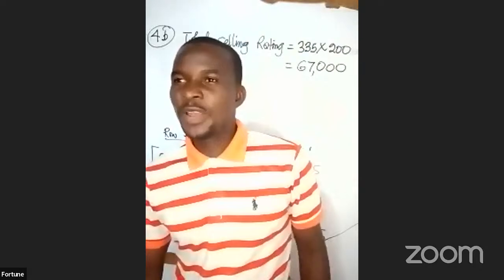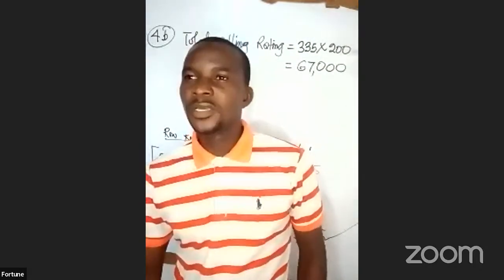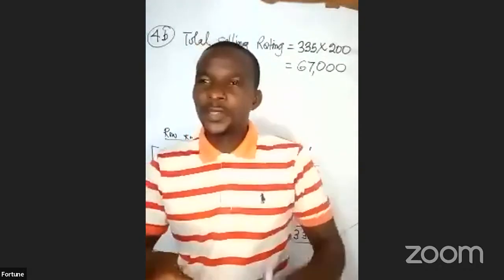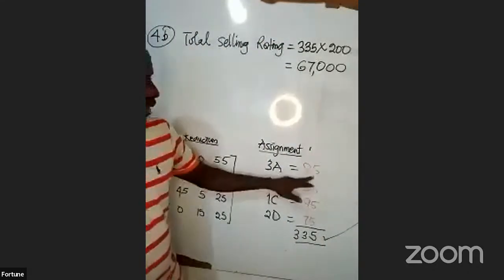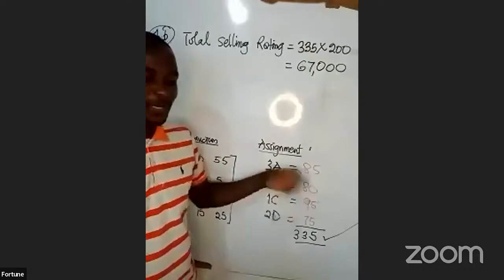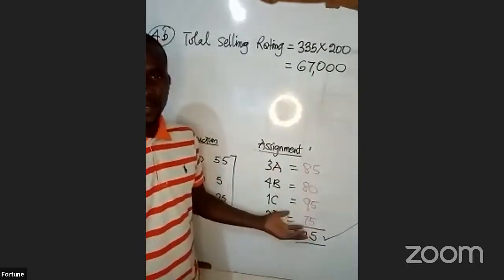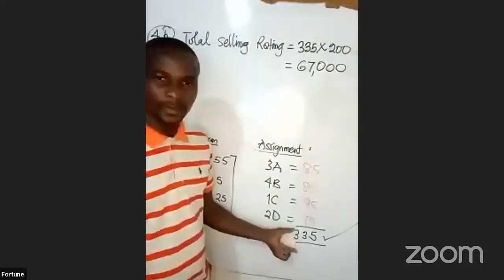So the smaller values are 55, 40, 60, and so you would have ended up selecting those answers. And maybe instead of 85, you probably would have selected 55. Instead of 80, you probably would have selected 40. Instead of 95, you probably would have selected, say, 60. So by the time you add them, it will be smaller than this value.